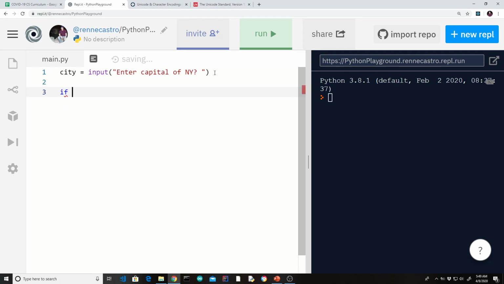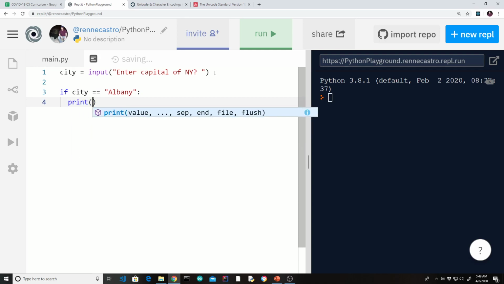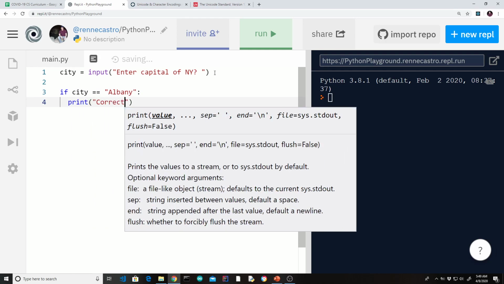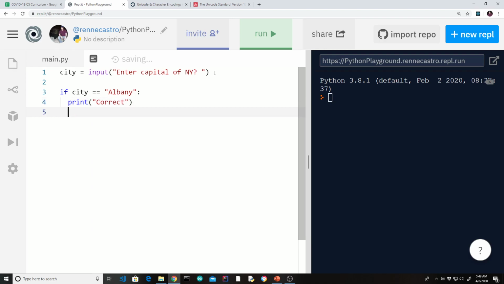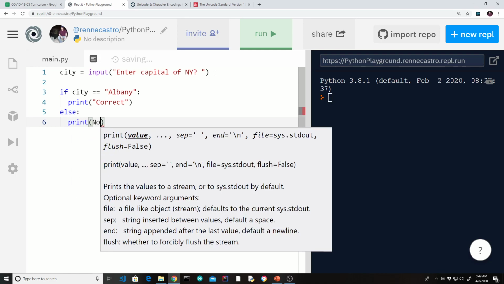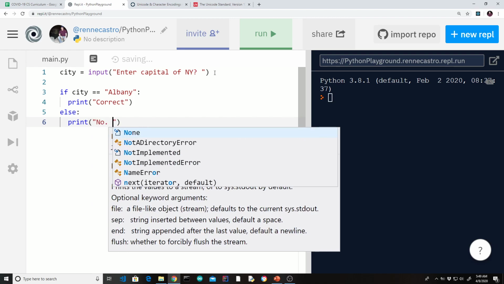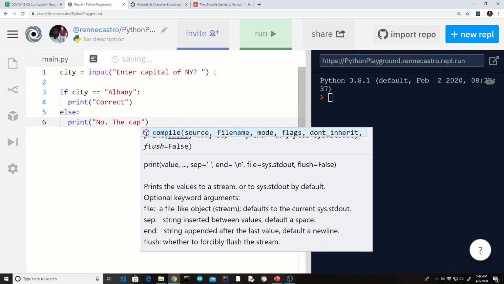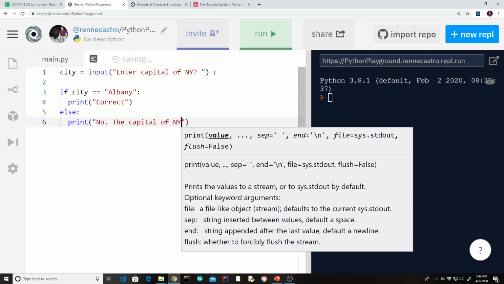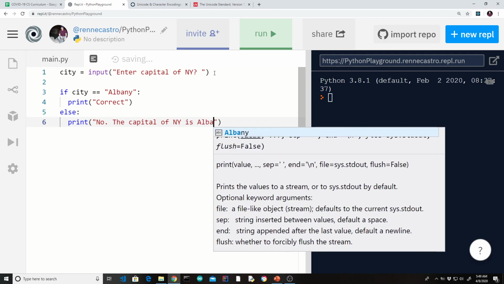City equals Albany. If they got it correct, you simply wrote print correct. And if you get it wrong, you could write print, in quotations, no, the capital of New York is Albany.